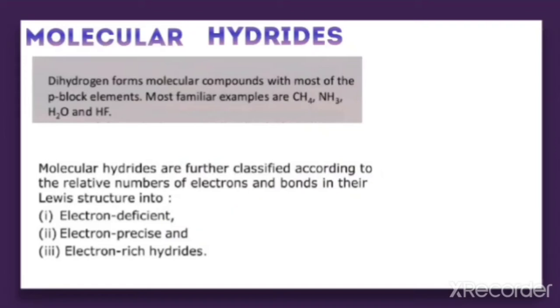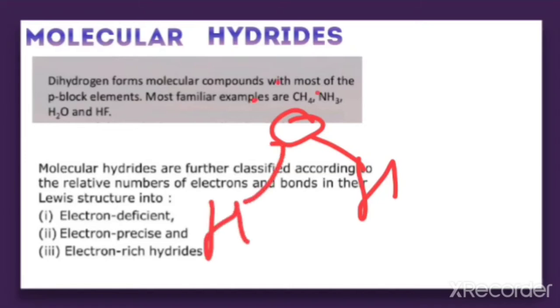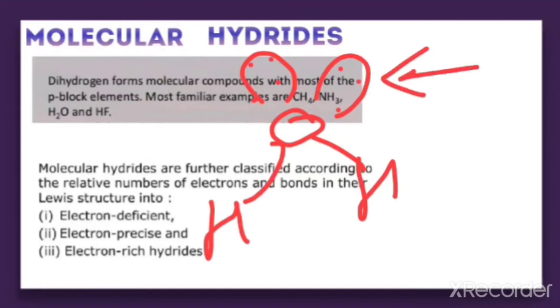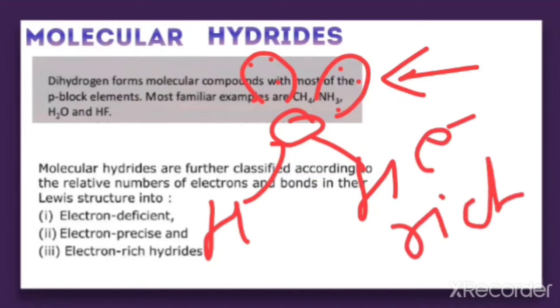But there are some examples like water, a hydride of oxygen. Here there are two lone pairs, which means these electrons are not used in the formation of bonds. That's why this species is called electron rich, because lone pairs are present. Therefore these are called electron rich hydrides.